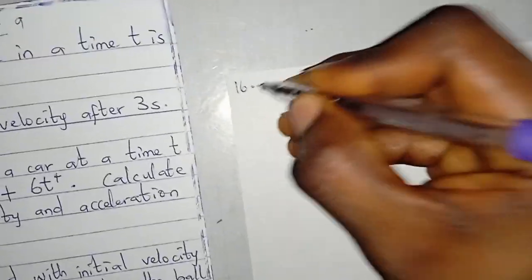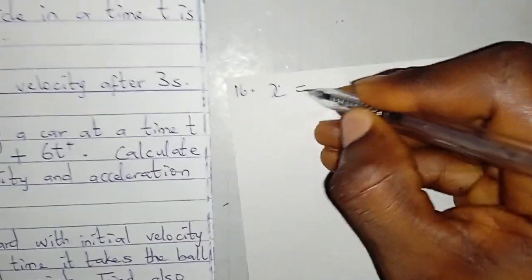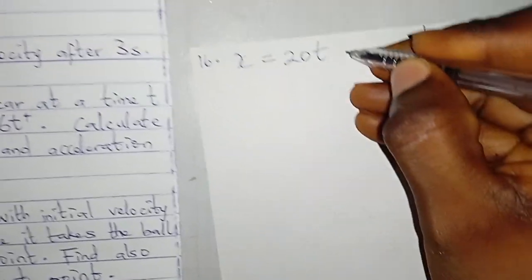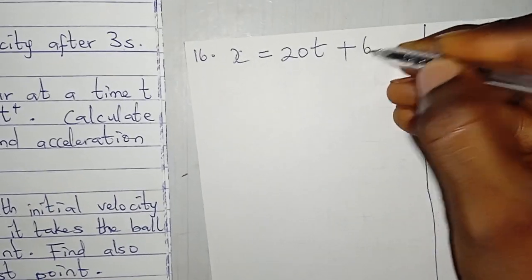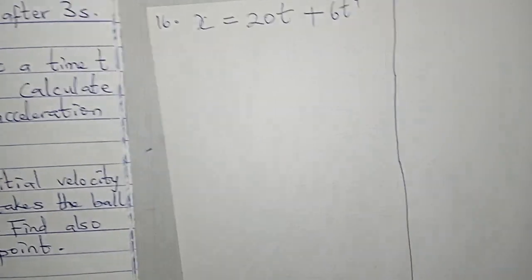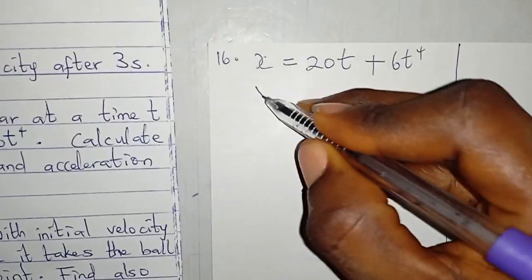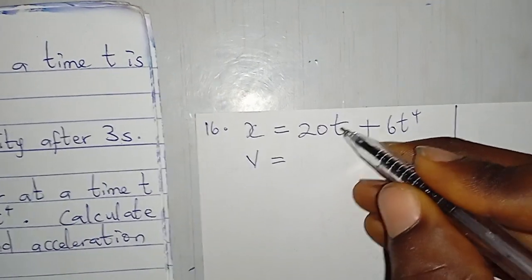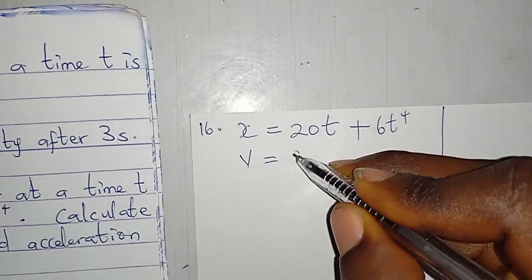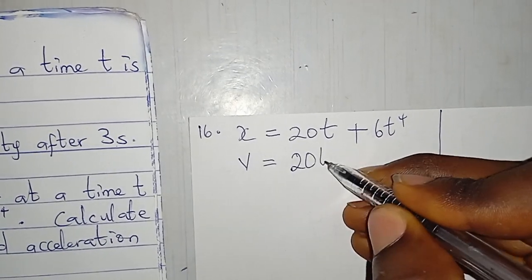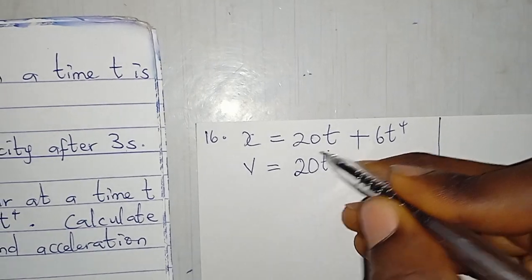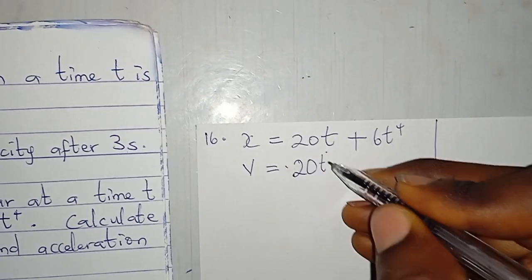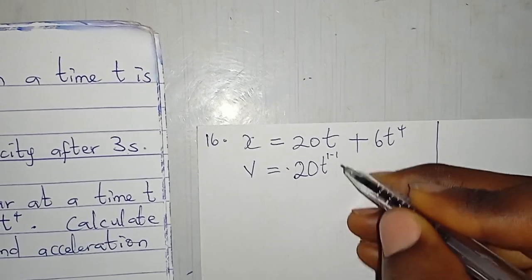So 16. X is given by 20t plus 6t4. So for velocity now, we differentiate. This will be the same thing as saying 20, then t now has an invisible 1 here, times this is still 20. So 1 minus 1.